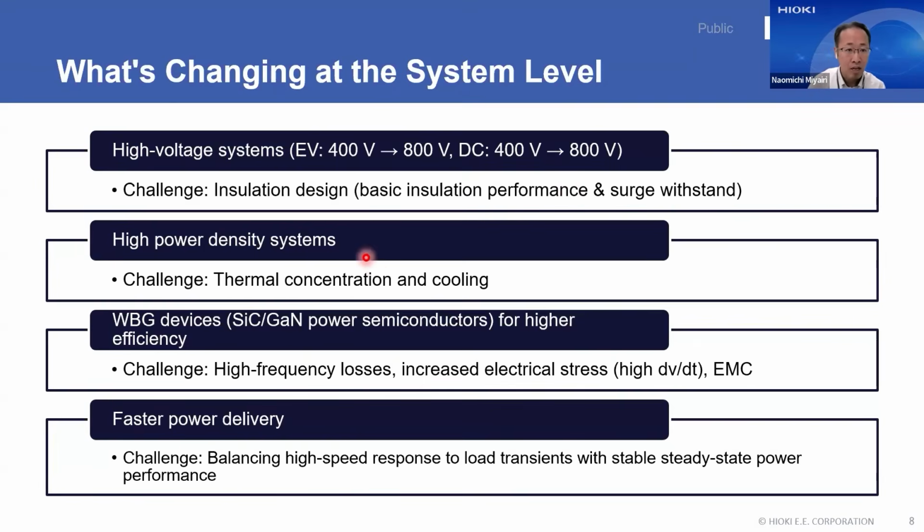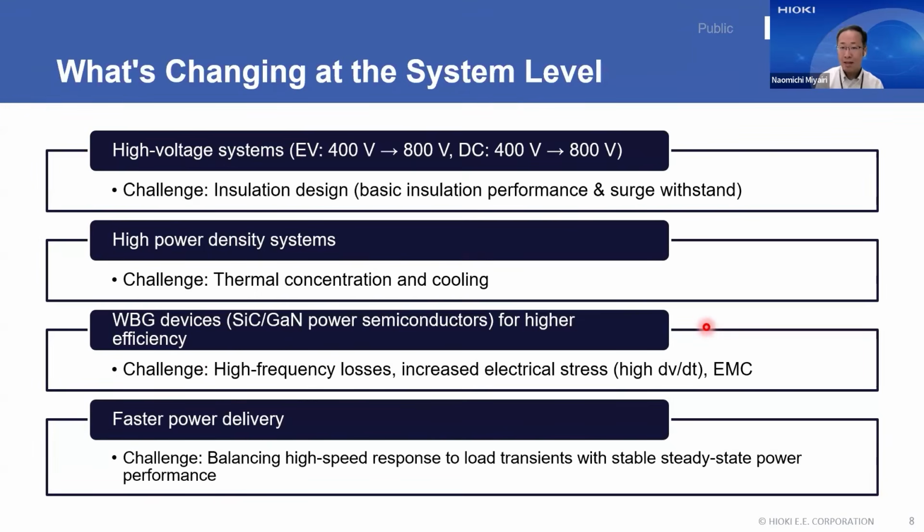And the second change is the high power density system. As systems become more compact and lightweight, higher integration is creating localized stress, and heat generation and cooling are becoming real issues. Third, the adoption of wide bandgap devices, SiC and GaN power semiconductors. They deliver more efficient power conversion through faster switching.